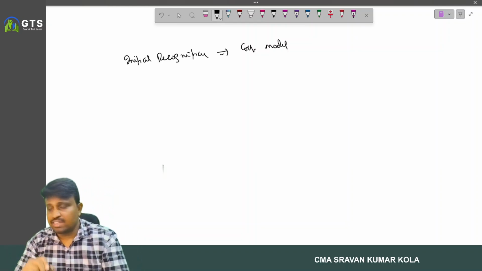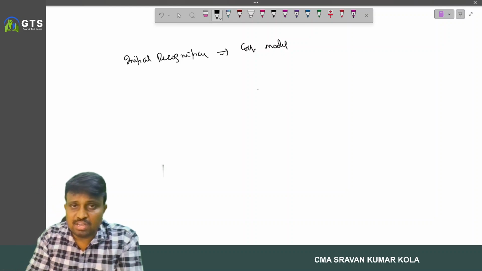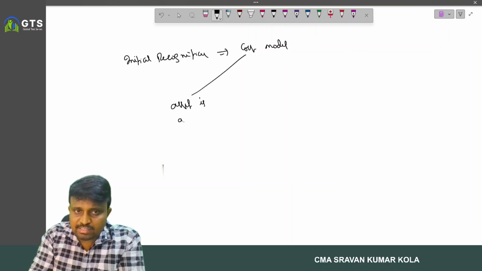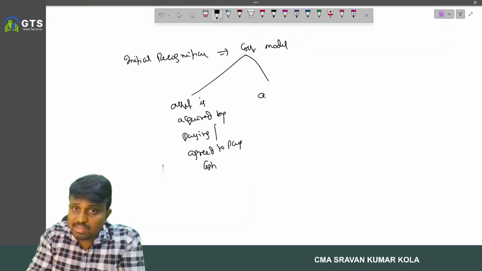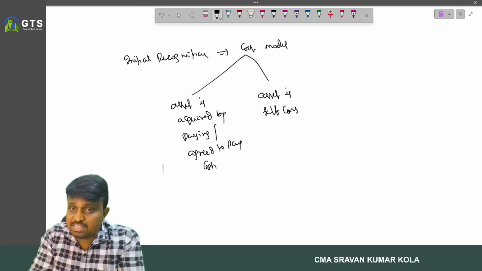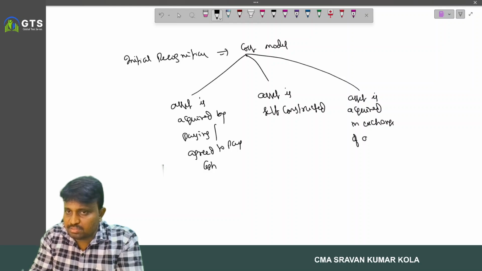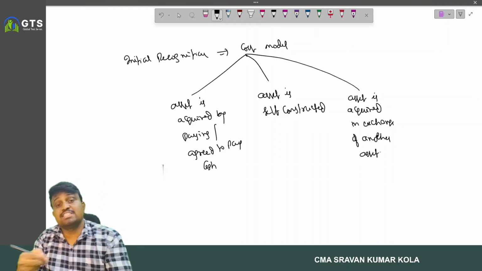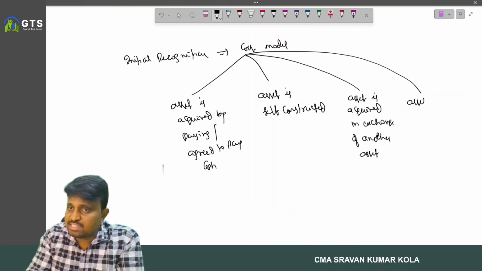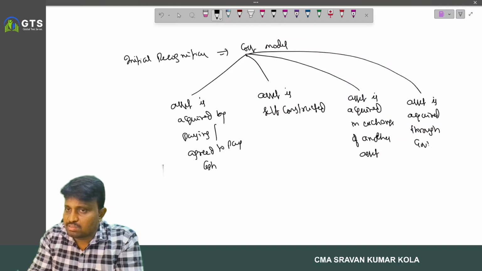What is the cost price of that asset at the time of recording that PPE? It depends upon whether the asset is acquired by paying or agreeing to pay cash in future, or the asset is self-constructed, or the asset is acquired in exchange of another asset, or the asset is acquired through a government grant. This last is covered under AS-12, government grant.